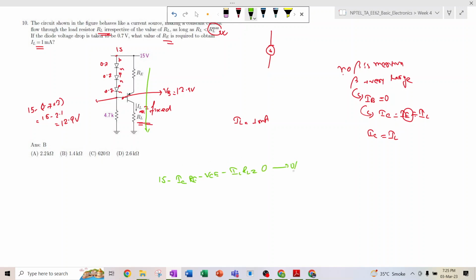This is the output KVL. And for the input KVL there is some voltage which is VB, that is 12.9 volt minus... I am making some mistake, I think.